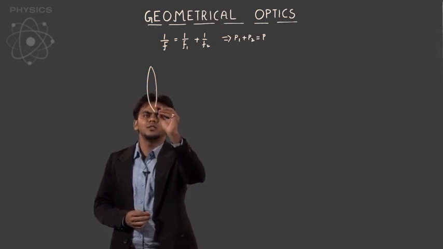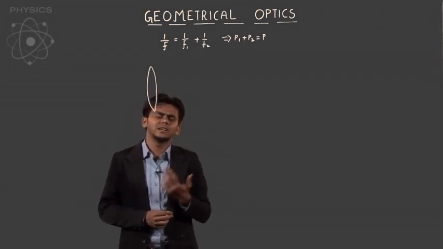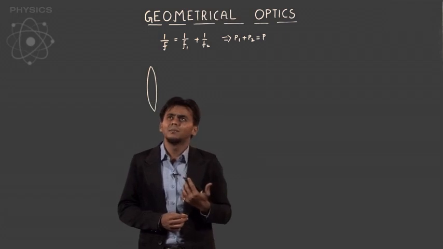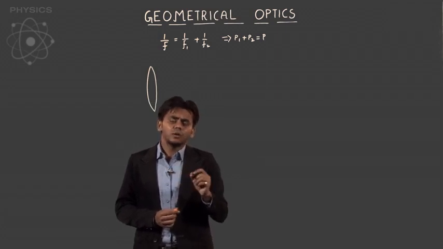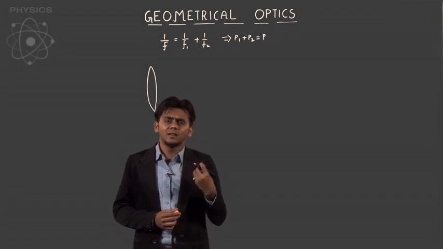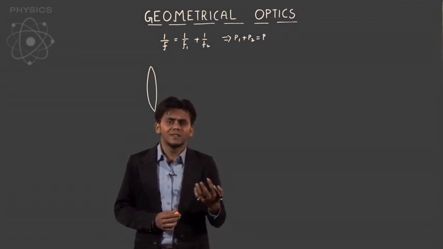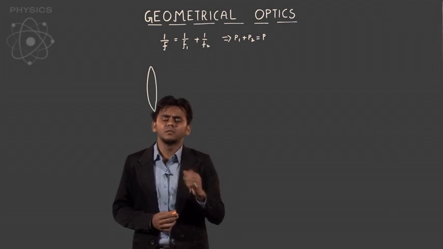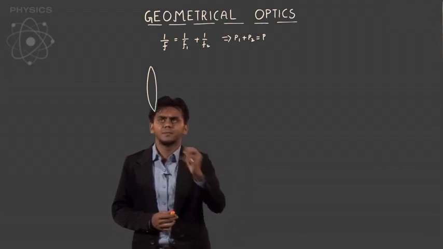See, it's easier to draw biconvex lens, that's why we keep on using biconvex lens, but it's not that it is done only in the case of biconvex lens. You could take a doubly concave lens or rather a biconcave lens, and do the same things, and it would give you the mathematical result to be the same.